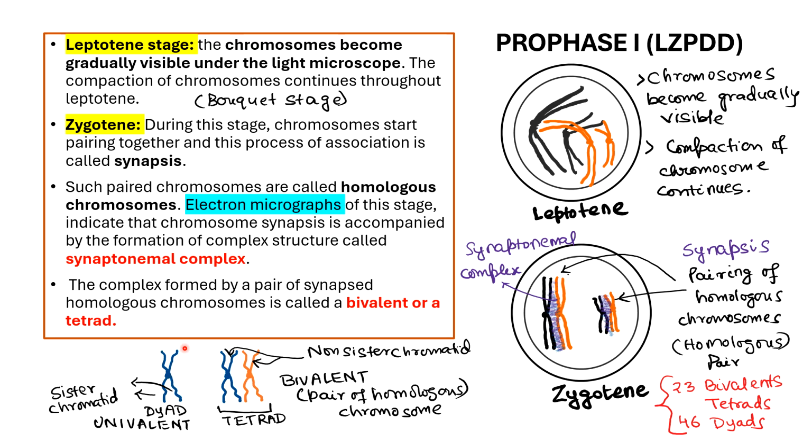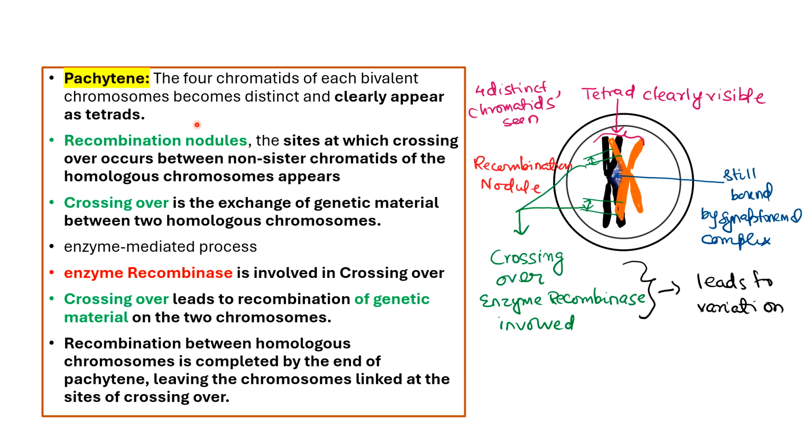Both chromatids are present in a single chromosome, so we call them sister chromatids. But the chromatids of a homologous pair, that is a maternal chromatid of a maternal chromosome and a paternal chromatid of a paternal chromosome, are called non-sister chromatids, right? I hope that's clear. Let's move on to the next stage, that is pachytene.